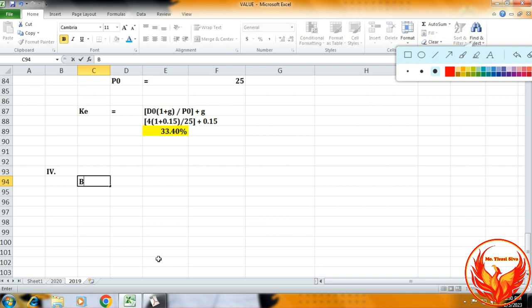So through this equation we can calculate the bond value. B naught equals C divided by 2 into annuity factor, close bracket, plus FB divided by discount factor.